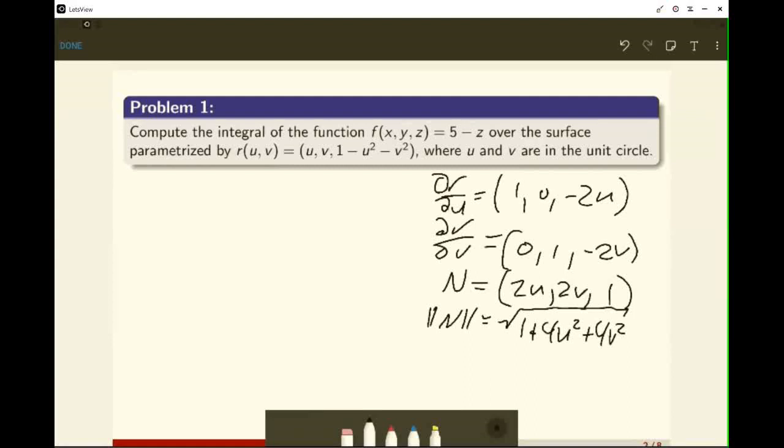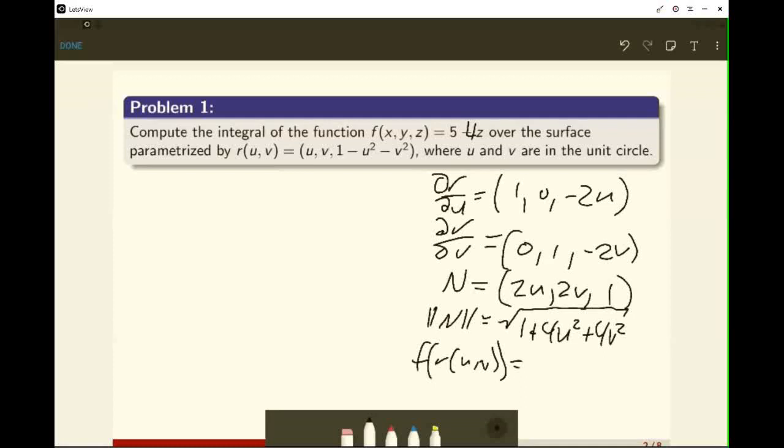And then we also need to know what our function is. If we take f and evaluate it at r of u, v, we're looking at 5 minus the quantity 1 minus u squared minus v squared. Oh goodness, there's a typo here. I meant to be asking about 5 minus 4z, for which this problem is much simpler.